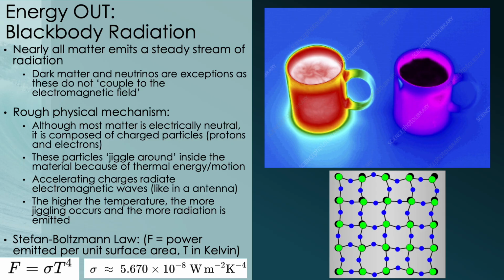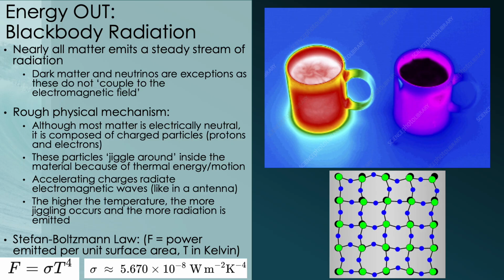And the reason is that matter, although it's generally electrically neutral, like your coffee cup, is made out of charged particles, protons and electrons and neutrons, but there's the same number of electrons as protons, so on the whole, there's no charge.